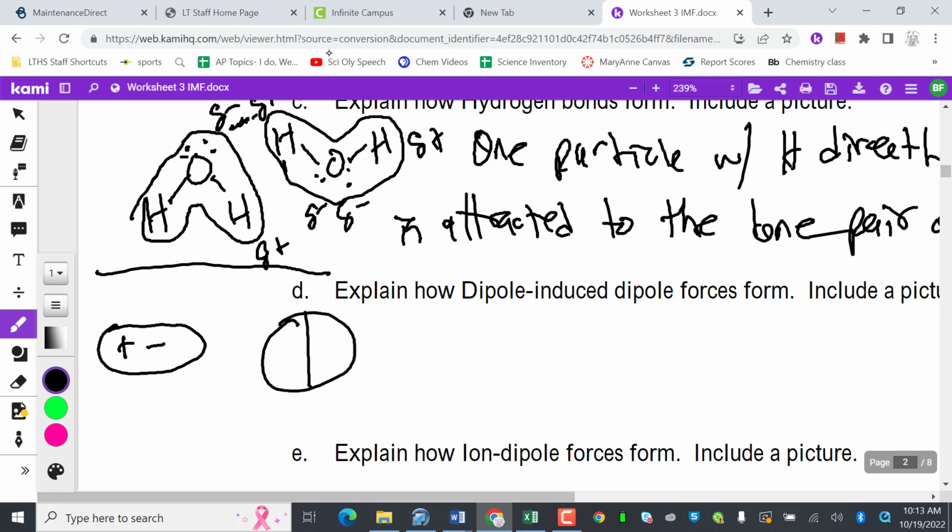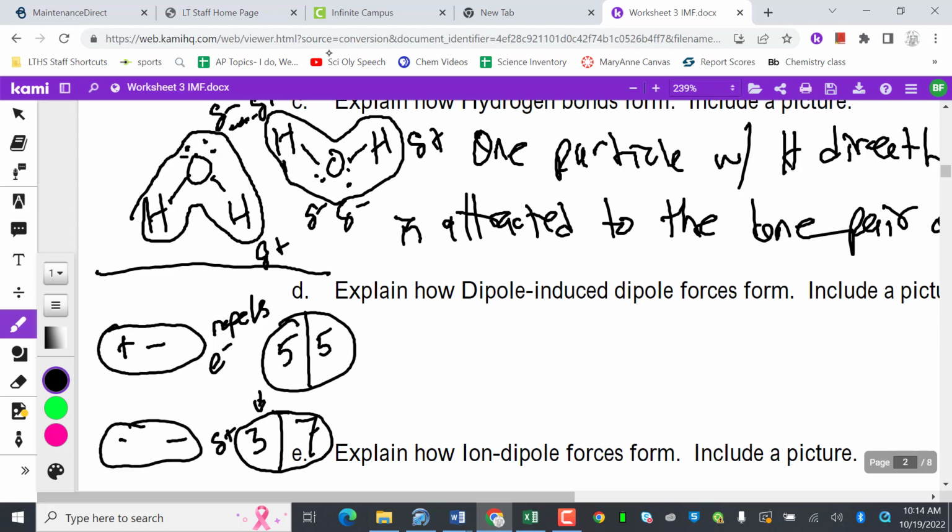So this negative side repels electrons. So say this was 5 and 5, what happens is it turns into 3 and 7. Now this end is delta positive, and this was my negative end, my polarity end. These would be deltas too because they're polar, they're not ionic. But then it's a little bit of an imbalance.